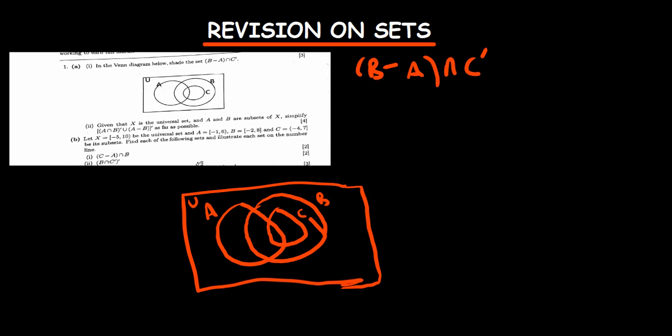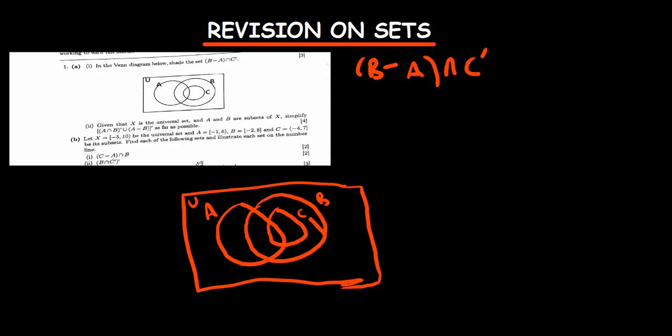Alright, so we call that a subset. A set that is contained in another set is called a subset. So C is a subset of the set B.